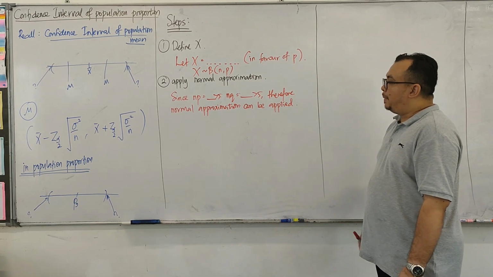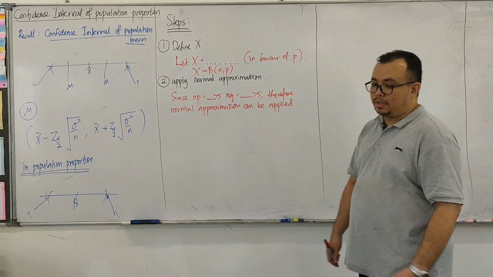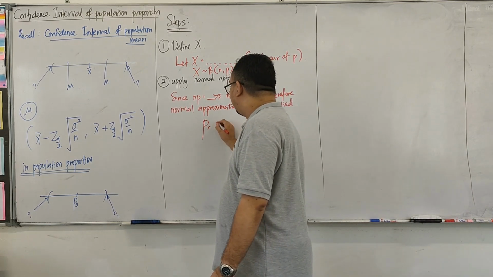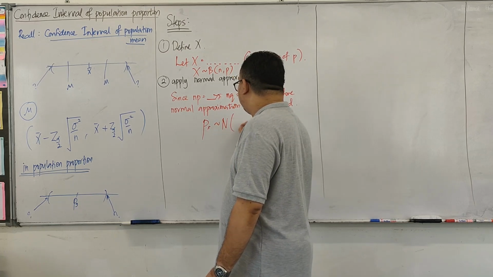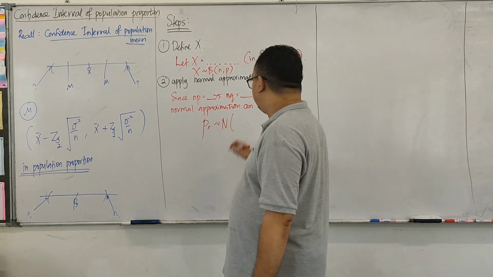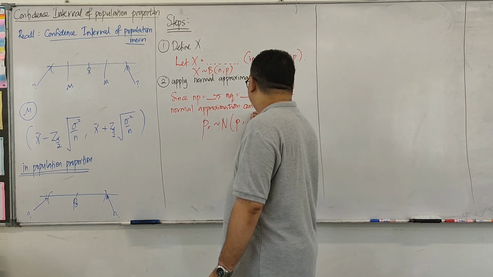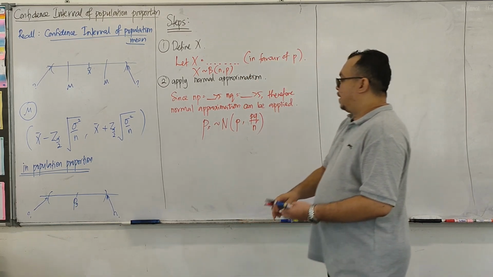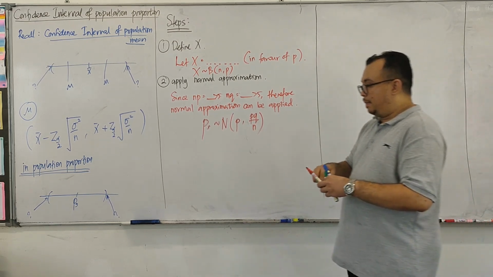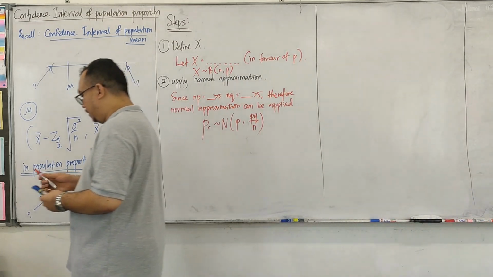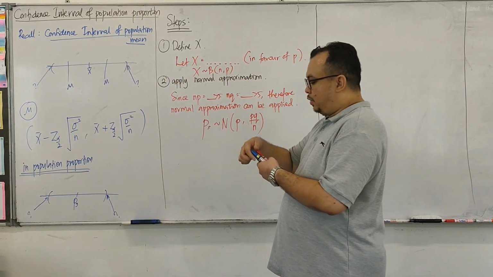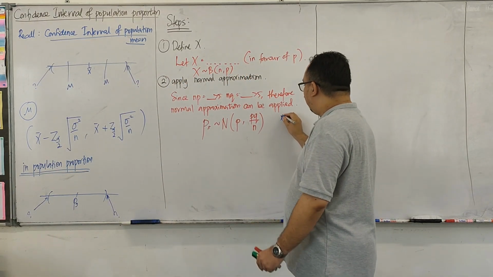Okay, so bila awak apply normal approximation, so this one saya nak awak tulis PS follow normal distribution. Okay, this one kita tulis sebagai P, this one sebagai PQ over N. Okay, so here awak buat nota sikit.